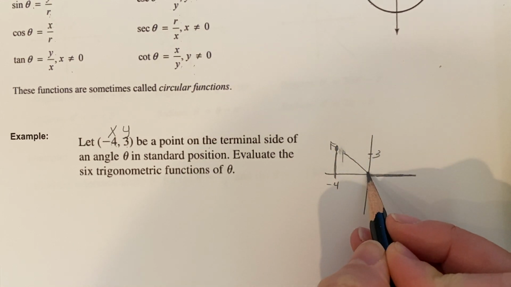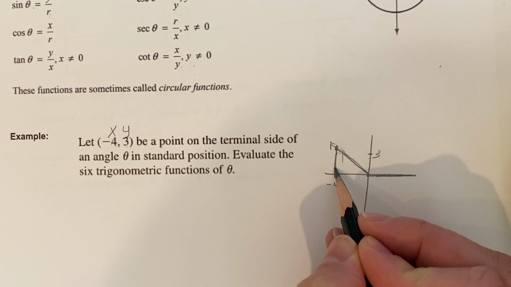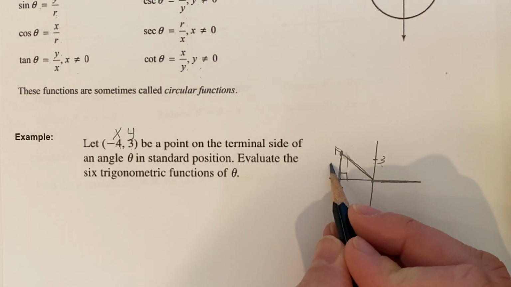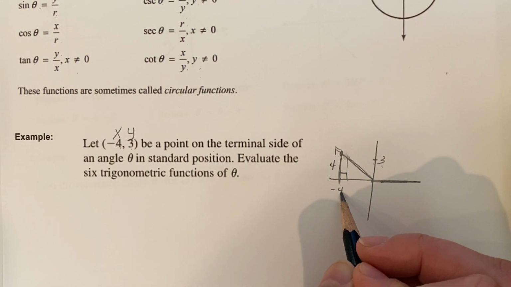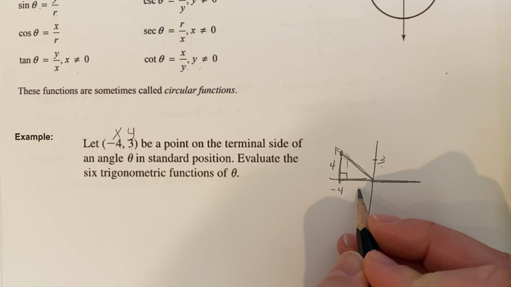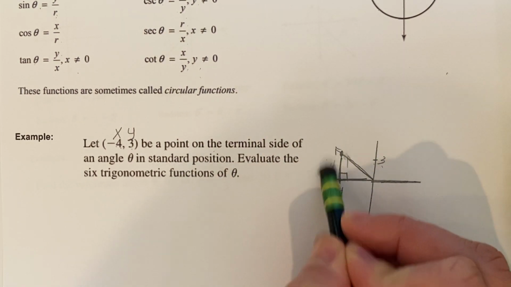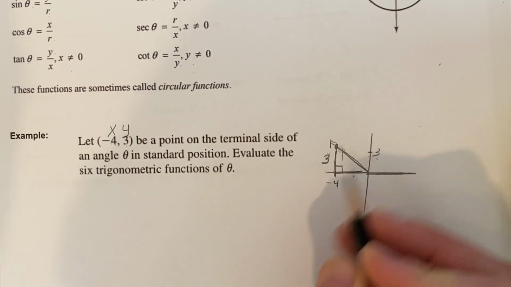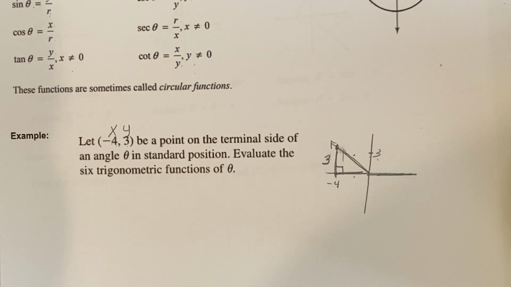Okay. So notice you're always going to be able to have a right triangle being formed. Whatever the y is here, that will be the side here. Your x value, that's going to be the side of the triangle over here. No, I wrote 4 when it's 3. Okay, so the side here is 3, this side's -4. So the first thing, because it's a right triangle and we're missing the hypotenuse, let's go ahead and find that.